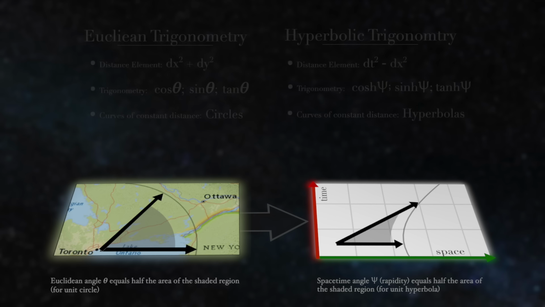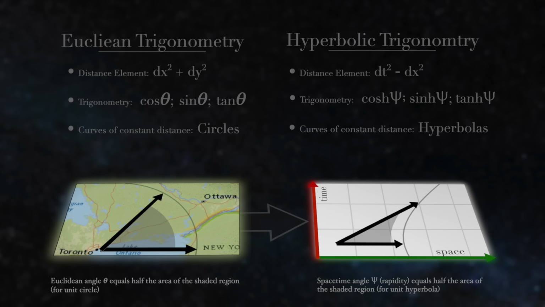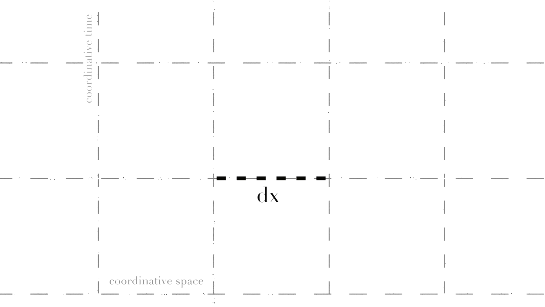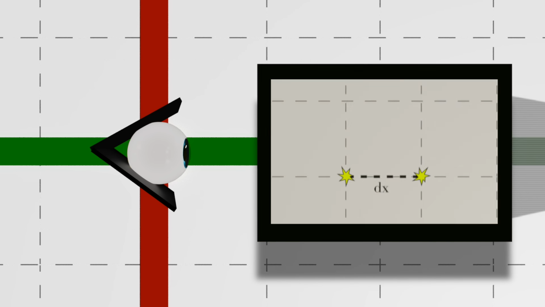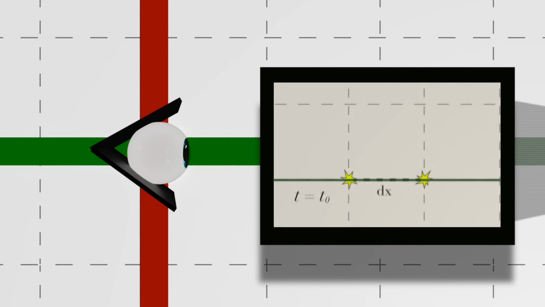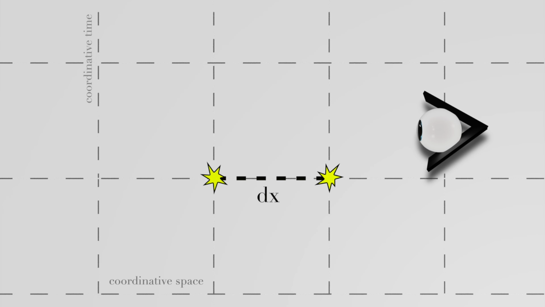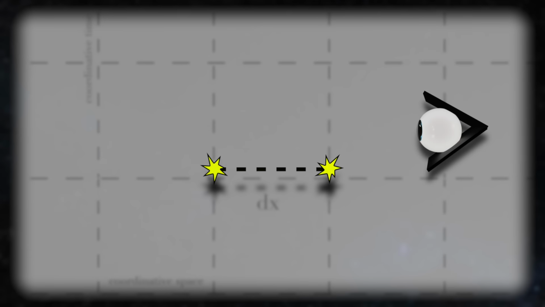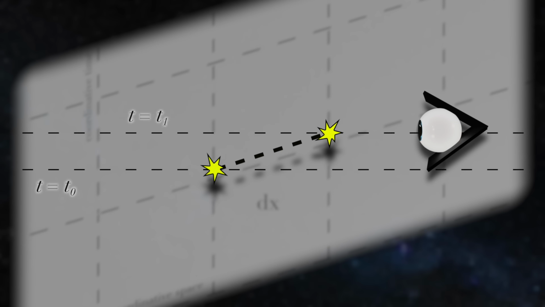Now, before you go panicking about having to learn hyperbolic trigonometry, we can note that the coordinative dx interval is defined by the span of two nearby world events which the map observer perceives as being simultaneous. But a local observer in that region may not perceive these two world events as being simultaneous.